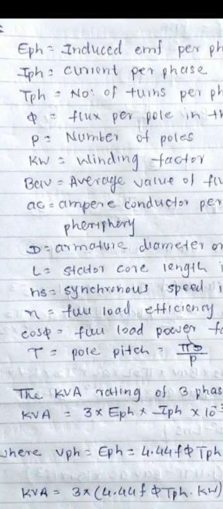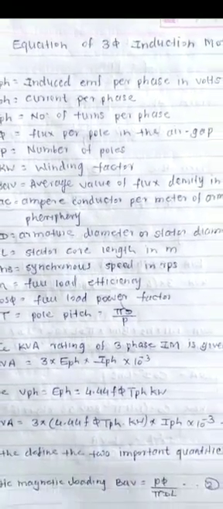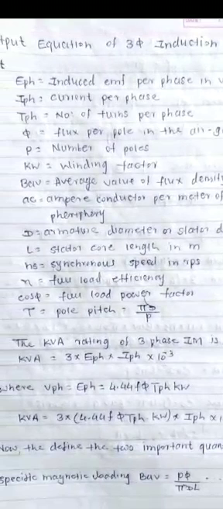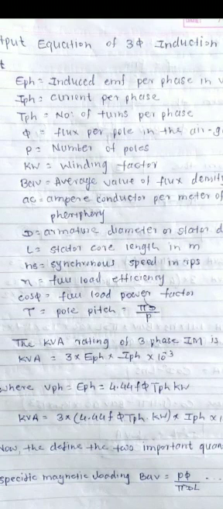Capital D is the armature diameter or stator diameter. Capital L is the stator core length in meters. Small ns is the synchronous speed in rps, so just note that it is synchronous speed in rps.